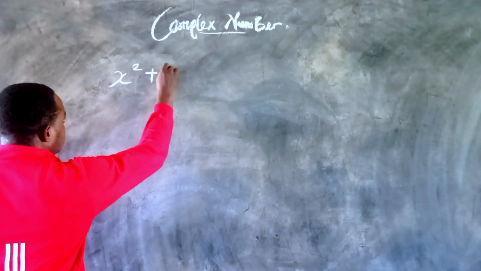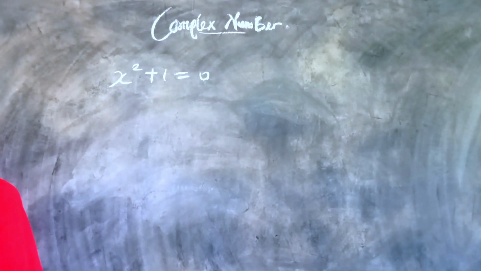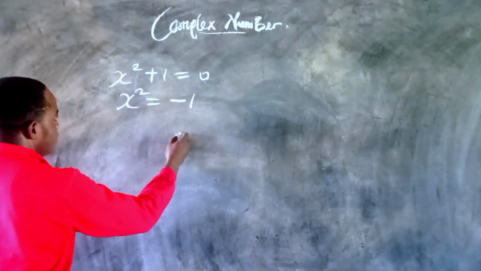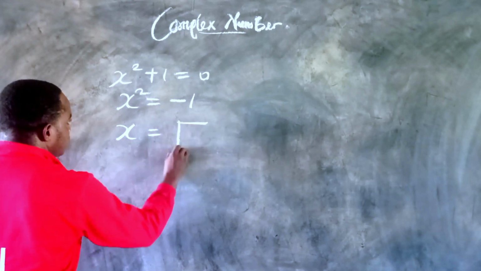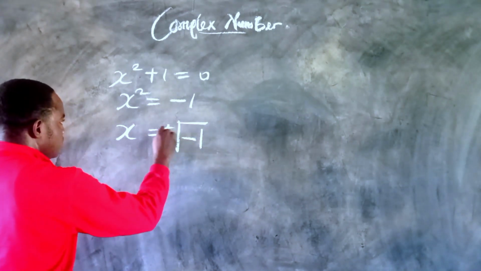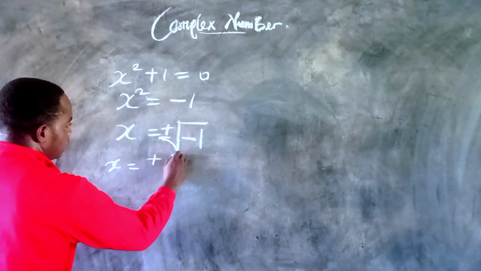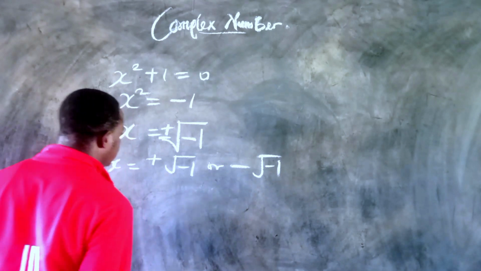Look, for example, say you have x raised to the power 2 plus 1. If you had to solve this quadratic equation, subtracting 1 from both sides, you have x raised to the power 2 equals -1, right? And when you square root both sides, you have x equals plus or minus the square root of -1. So you say x equals positive square root of -1 or negative square root of -1.